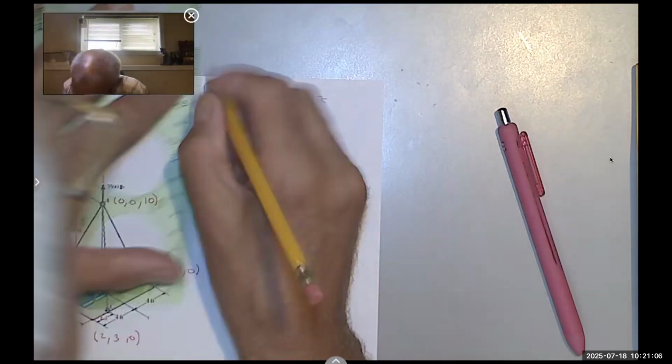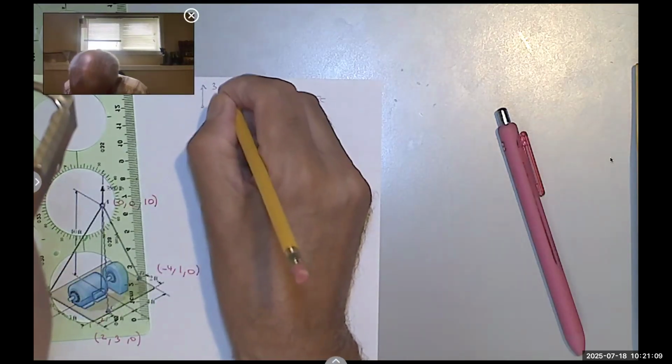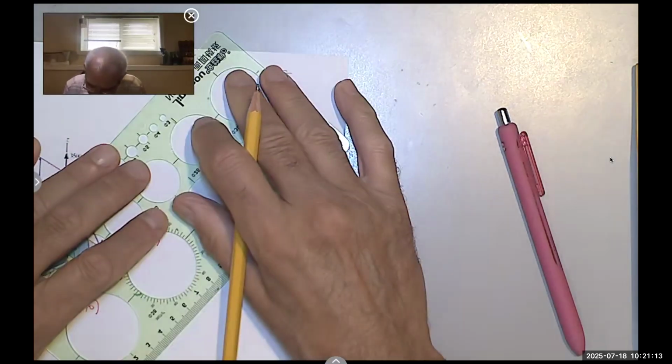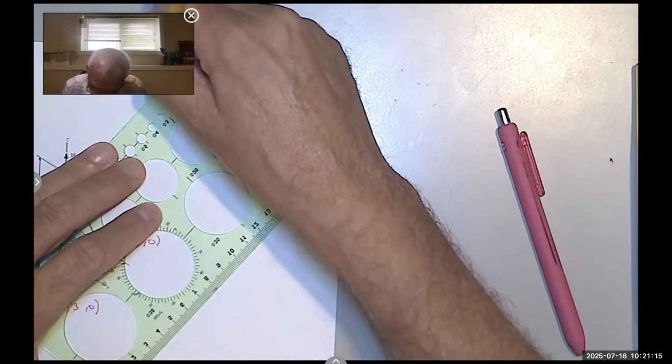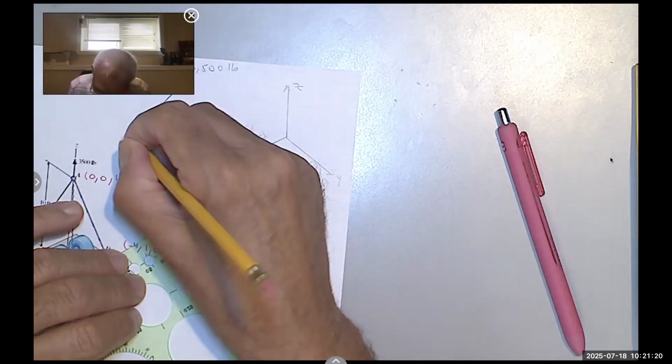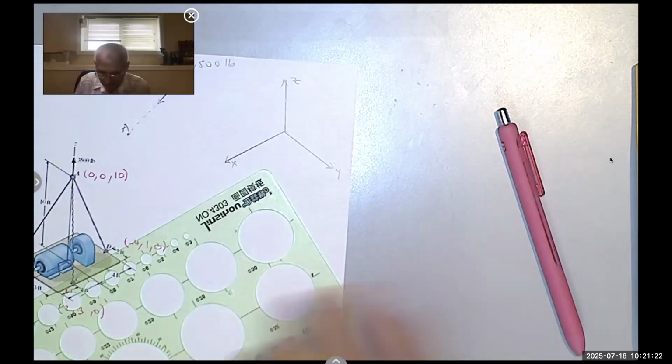Okay, so I have a force going up here, 3,500 pound. I have a tension TA, and the way we are going to do it is to say, okay, here is the arrow, and it's going to point A, and then you would write these.